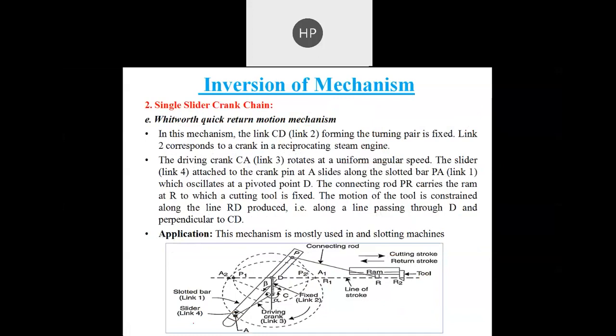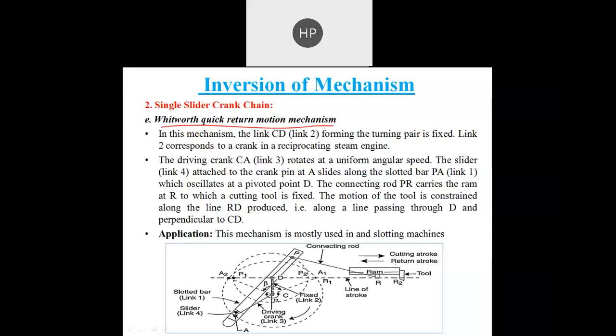Then another mechanism is the Whitworth quick return motion mechanism. It is again the same thing. We are cutting a material by using a cutting stroke, and during the return stroke it is not going to cut, and that's why the return stroke should be minimum.